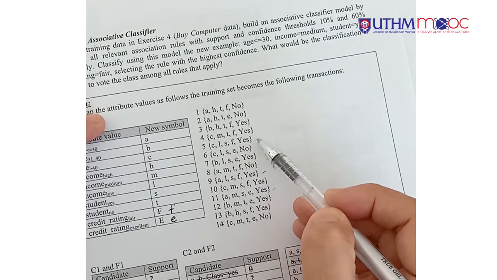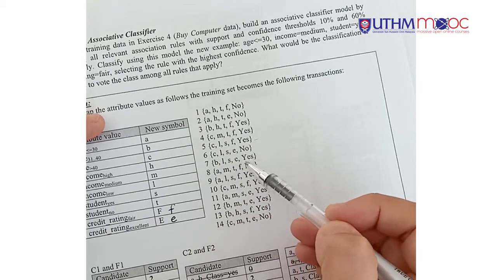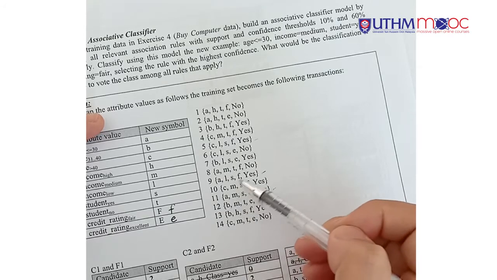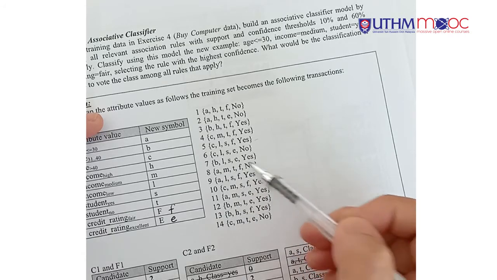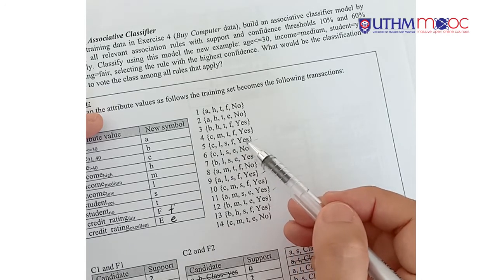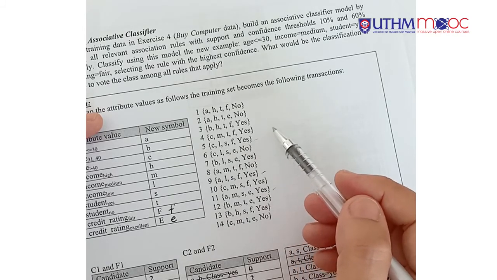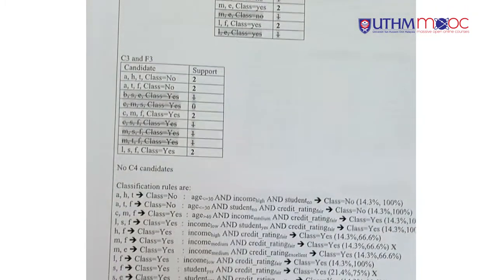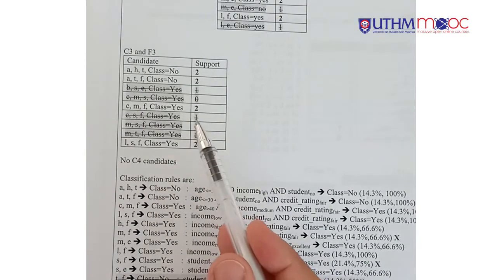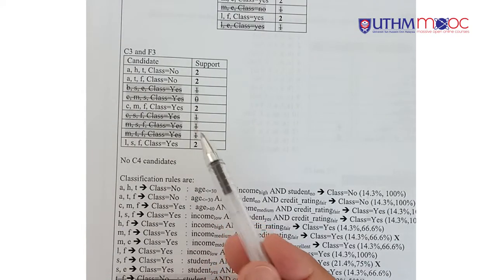LSF yes, 1, LSF, anyone? 2. Is there any LSF but no? There's none. So this is 2 divided by 2, so we get 100%. So the first part of the rules here, you take from this table and then you continue, backtracking all the way to the table that you have here.